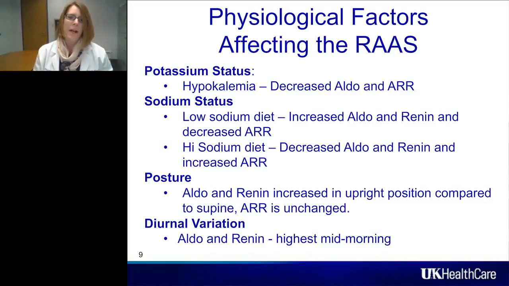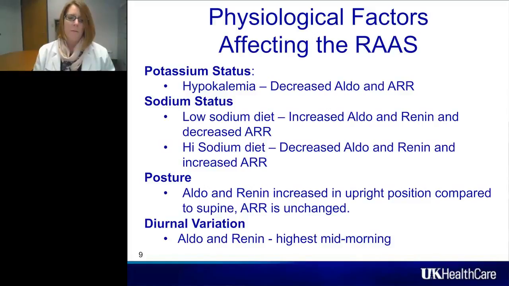Sodium status and the amount of sodium in the patient's diet is very important to regulating the renin-angiotensin-aldosterone system. A low sodium diet will lead to increased aldo and renin and a decreased aldosterone to renin ratio, whereas a high sodium diet leads to the opposite effect: decreased aldo, renin, and an increased ARR.